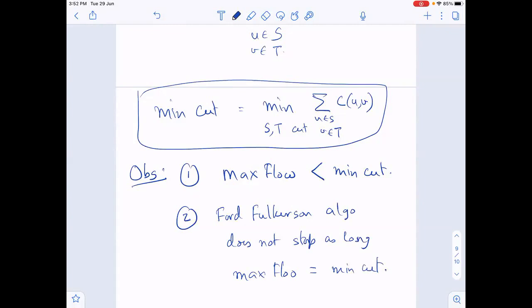So if the max flow at that time from S to T is strictly less than min cut, then the Ford-Fulkerson algorithm will always find a path from S to T and will update it.